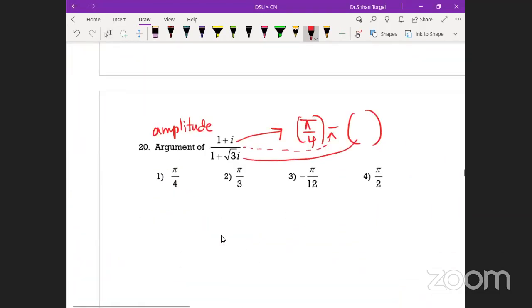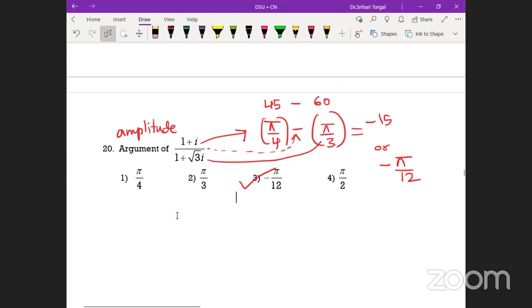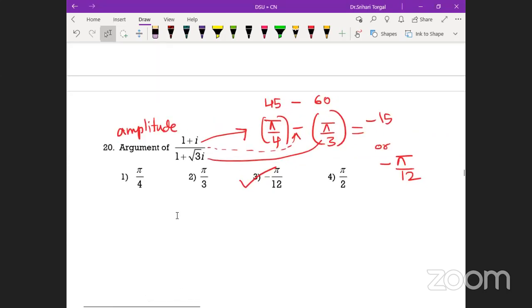Denominator ಏನಿದೆ ಅದರದ್ದು pi/3. ಏನಾಯ್ತು ಹಾಗಾದ್ರೆ? This is 45 minus 60, minus 15, or in radian minus pi/12 is the answer. Got it? ಮಾಡ್ಬೋದಾ? ಈಸಿ ಆಯ್ತಾ? ತುಂಬ ಟೈಮ್ ಸೇವ್ ಆಯ್ತು ಈಗ.